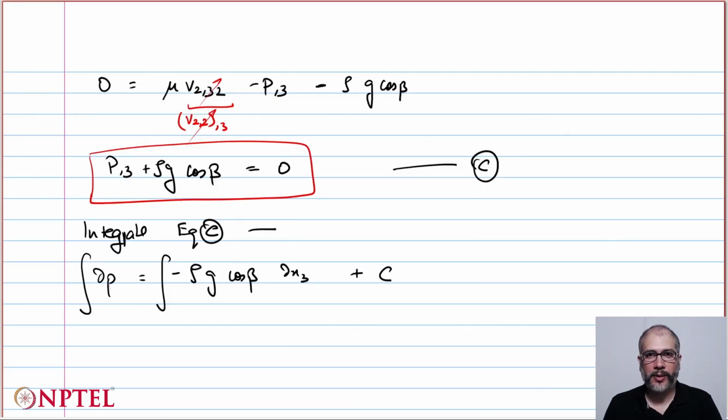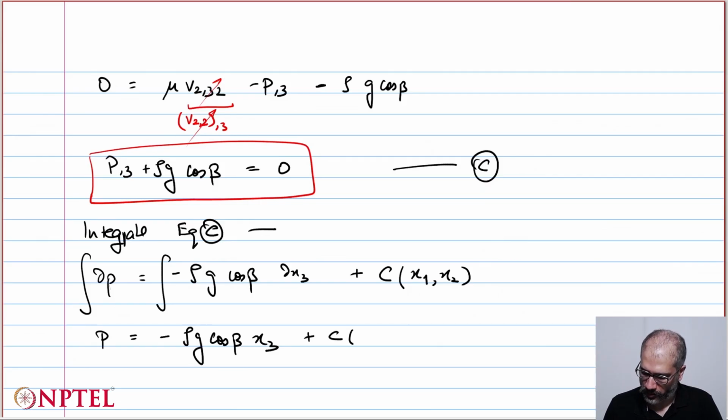But since we are doing this partial integration, this constant will be a function of x1 and x2. So I can write my p as minus rho g cos beta times x3, because rho, g and beta are all independent of spatial coordinates, plus some function c of x1 and x2. Now we already saw that pressure is not a function of x1, so this constant cannot be a function of x1, so this is only a function of x2.